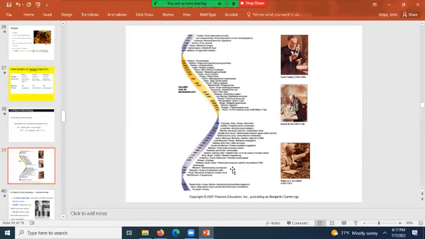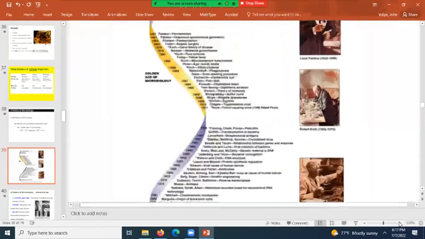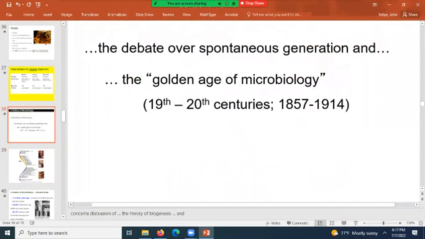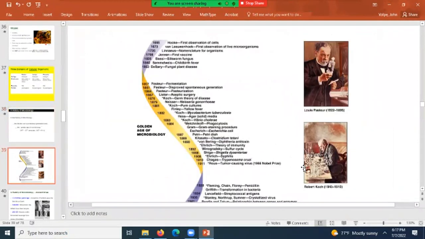All right, we'll talk more detail about this, but that's the golden age of microbiology, which really begins when microbiology began. And you'll notice we will talk about a few things that really began before microbiology.